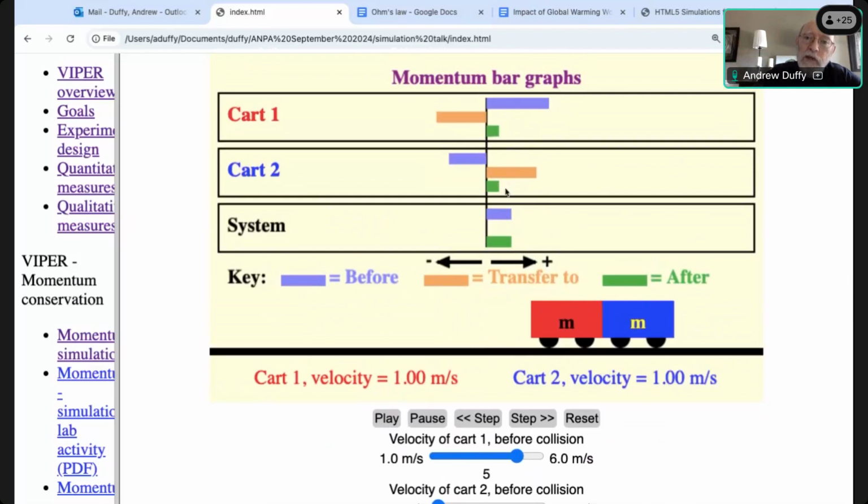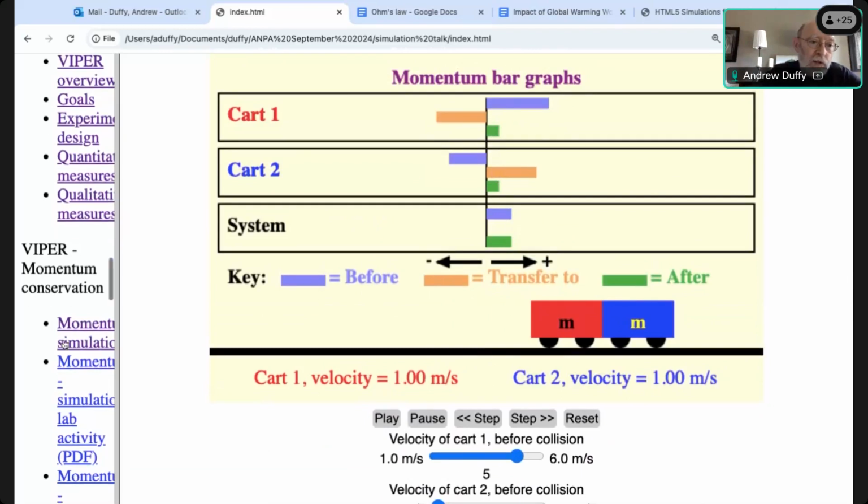This green plus this green has to add up to this green. These two system lines always have to be the same as each other. These two oranges have to be equal and opposite to each other. This green is the sum of that blue and this orange. Same with this, right? So there's just so many ways you can connect the different contributions to the momentum.